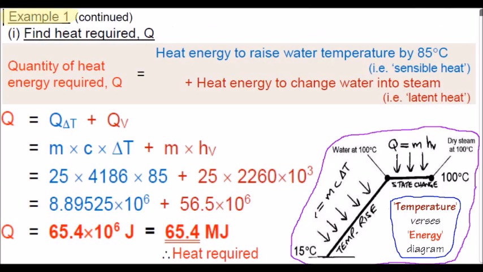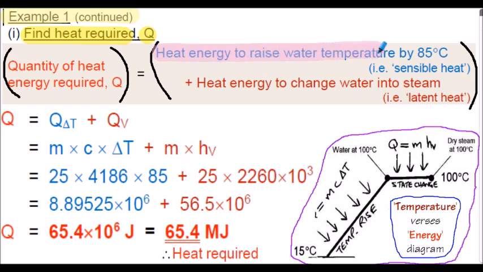Example 1, solution continued. So we're now going to find the heat energy Q required to undertake this process. On the left hand side of my equation, I have the quantity of heat energy required, symbol Q. And on the right hand side of the equation, I state my calculation. I need to know the heat energy required to raise the temperature of the water by 85 degrees C. That's the sensible heat. And I need to also calculate the heat energy to change the water into steam.